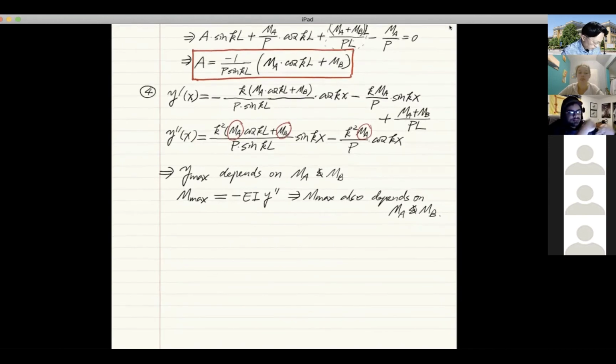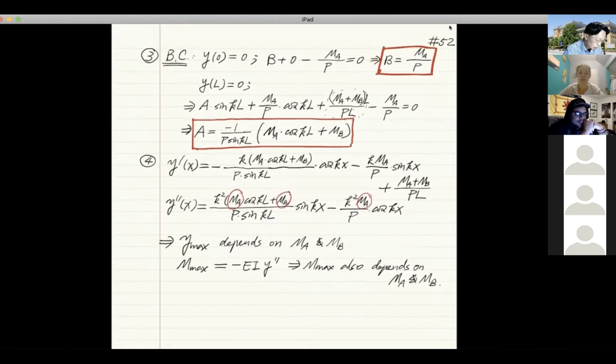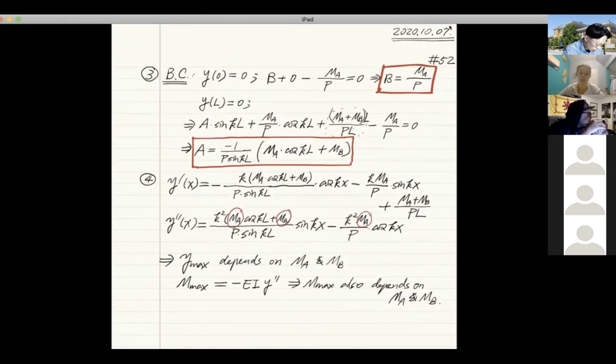Now, to better understand the effects of MA and MB, we're going to rewrite the expression of Y in terms of MA and MB. So how do we do that? We're going to rearrange the terms, because when you look at the expression of Y, we take the terms associated with MA, put it in one place, and the terms associated with MB, put it in another place. So by doing that, you're going to have the expression like this.